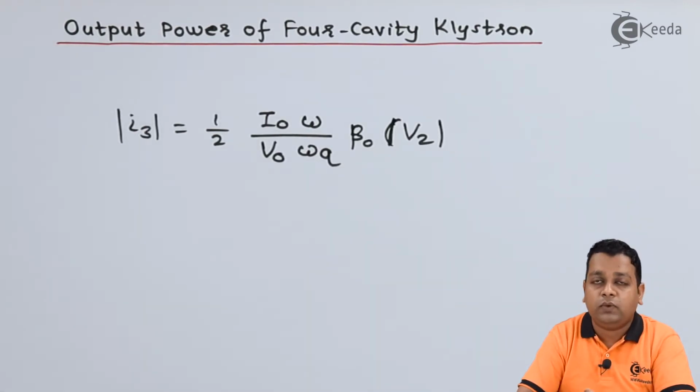Here it is very clear that as far as the manufacturing of the two cavity klystron or the multi cavity klystron, in our case the four cavity klystron, is concerned, the input and output re-entrant cavities are identical in structure. So the beam coupling coefficient, whether you denote it as beta I for the input cavity or beta 0 for the output cavity, is the same here.